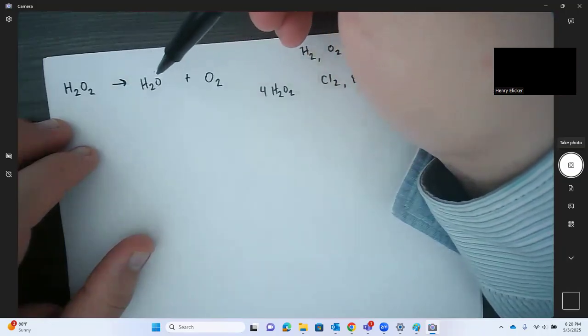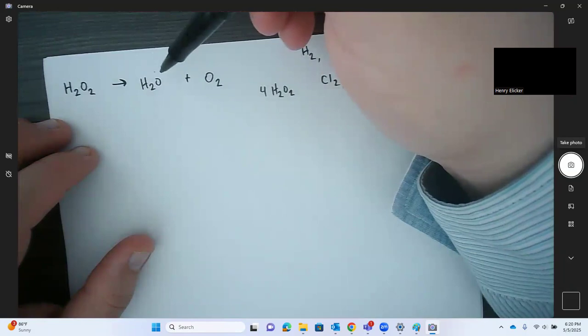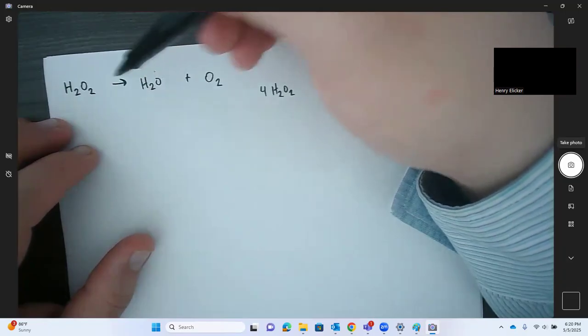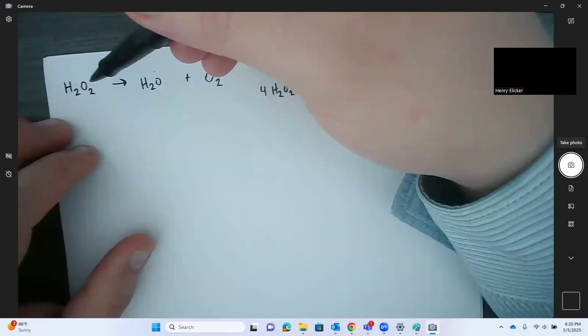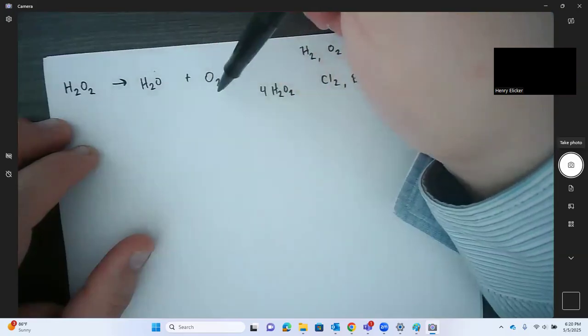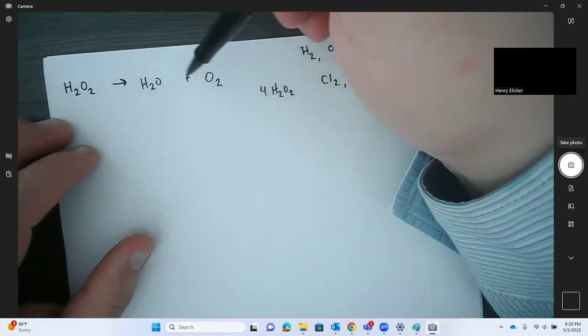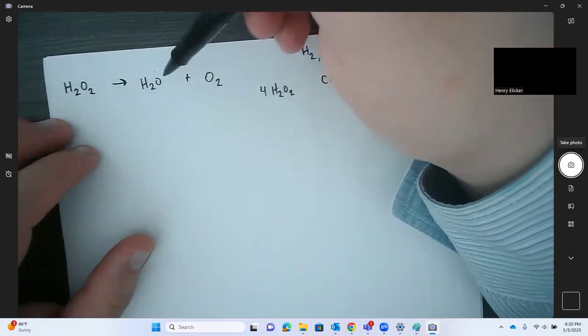You can't put any number that would make oxygen even, right? So for instance, if you put a 2 here, well, that would make it 4 oxygens. And then you'd have to change it. It's because there's 3 here, that's uneven.